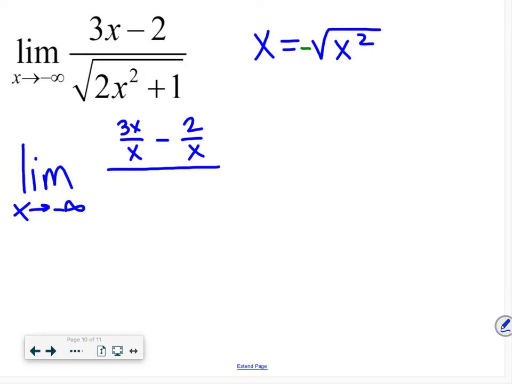Questions on that before I go any further? Okay. We can't have negatives under radicals, right? So never would that be a negative x underneath. So if we go under this radical and we take 2x squared and divide it by x squared, well, that's not legitimate.